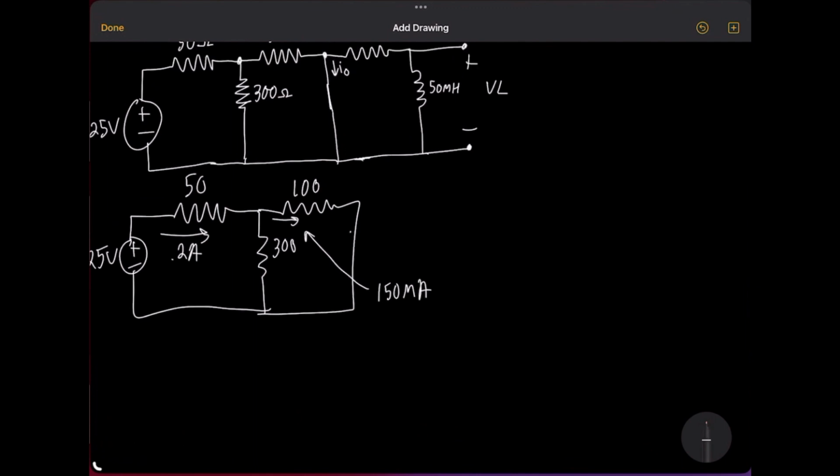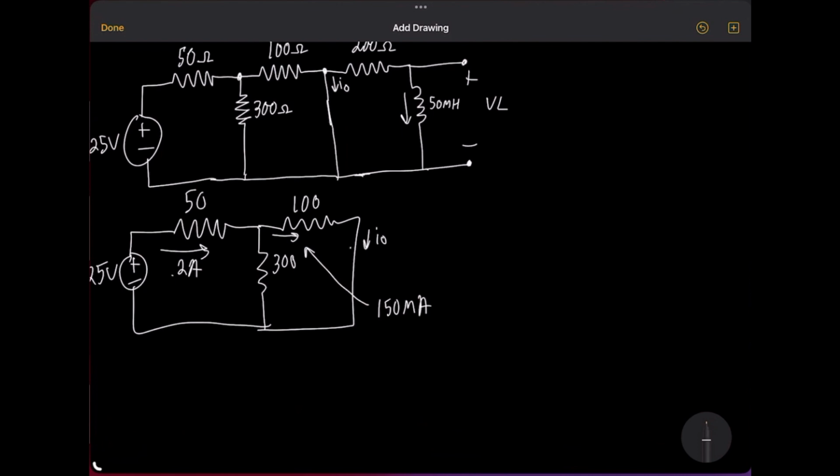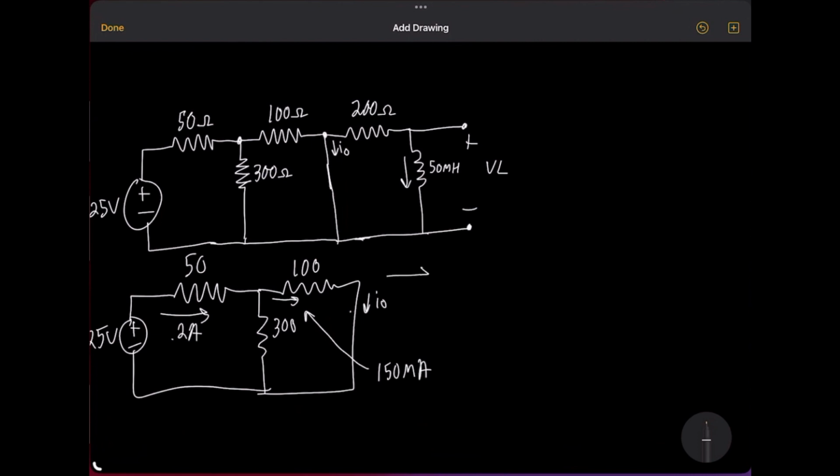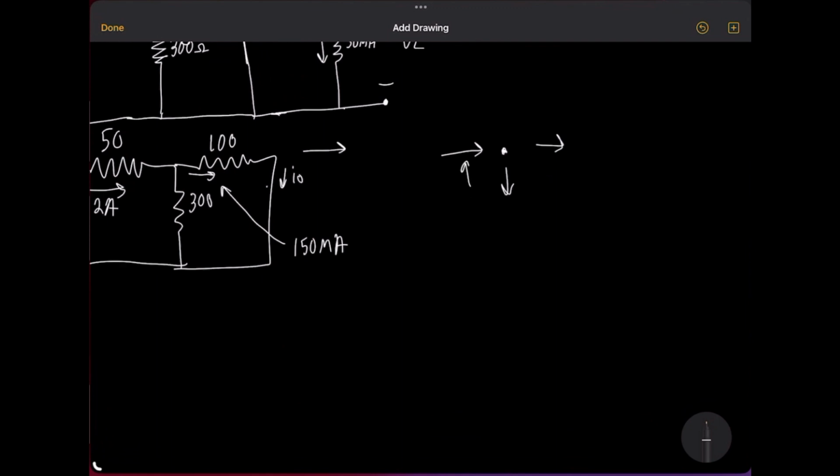Let's find the current going down here as I naught. And we know the current coming through here initially, when we start out, is going to be 62.5 milliamps. And we could move that back to being over here. So let's do a KCL at this point. We have this current coming in, this one over here, and this one down. This one we know is 150.